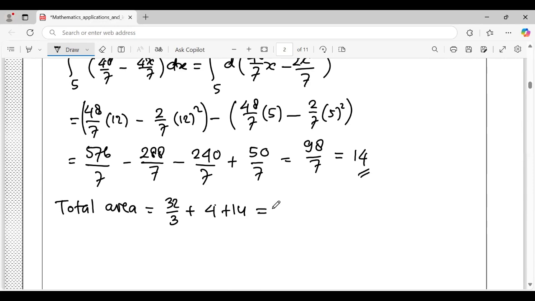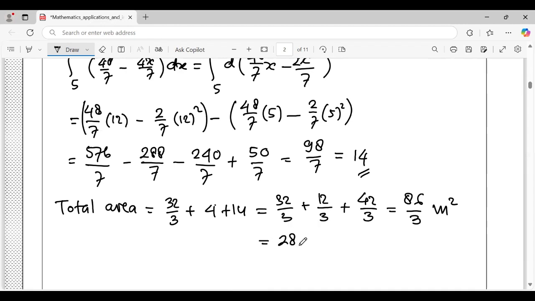I'm going to make the same denominator: 32 over 3, 12 over 3 plus 42 over 3 equals 86 over 3 square meters. Or in decimal, I would like to convert into decimal because I need this number on the next question, part D.